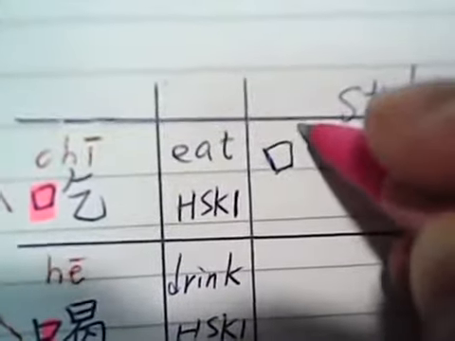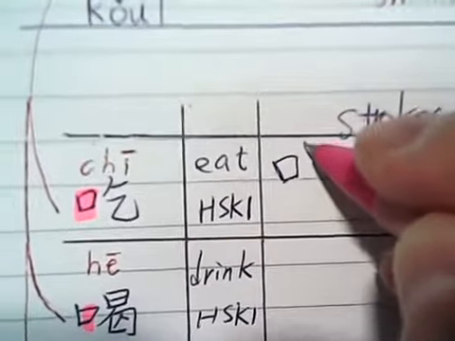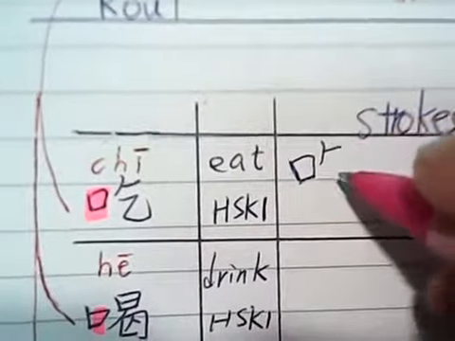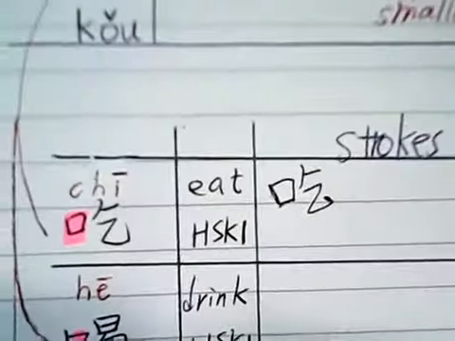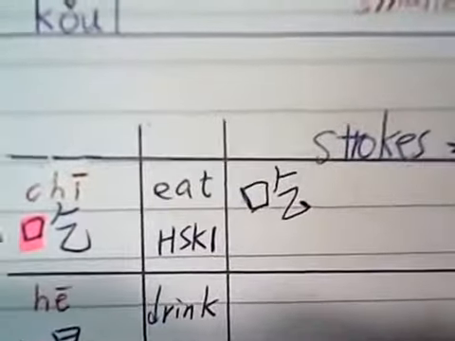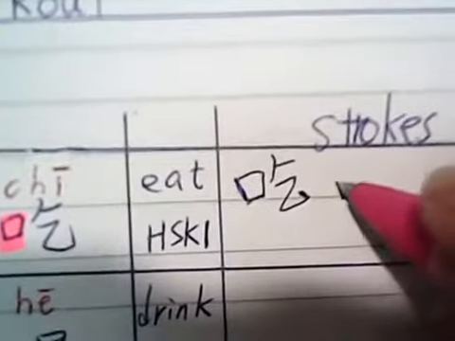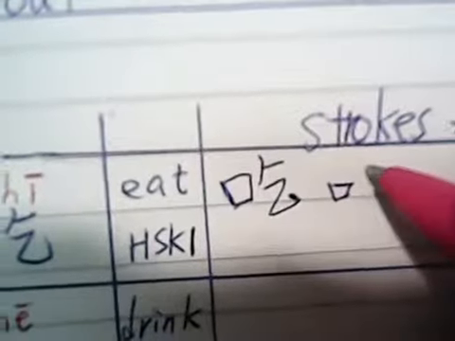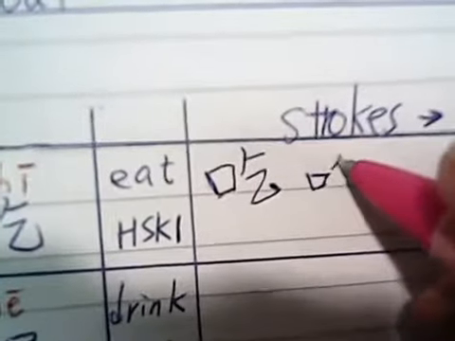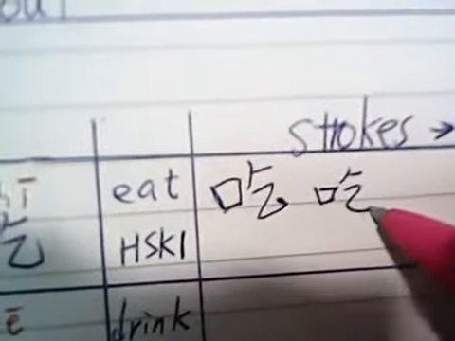Then we write from the upper side to the lower side. You write it first, and you write this part. Okay, let's write it again. Left side, this is the radical 口, and then the upper side and the lower side.